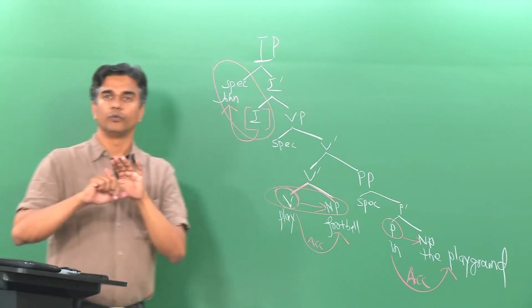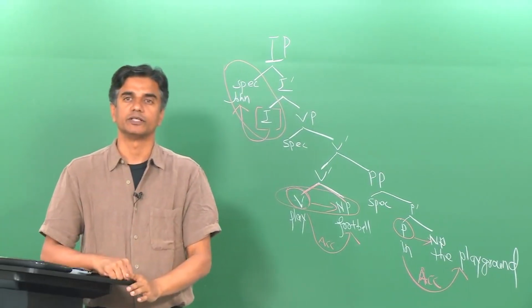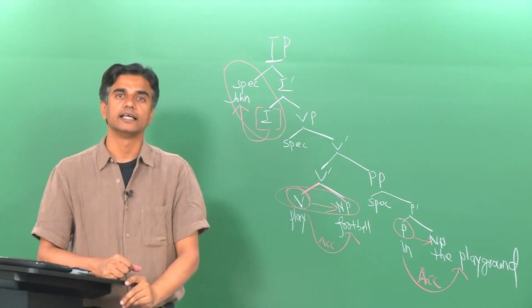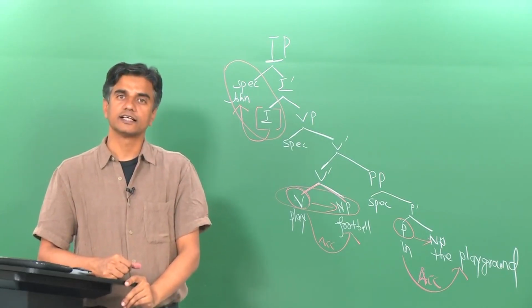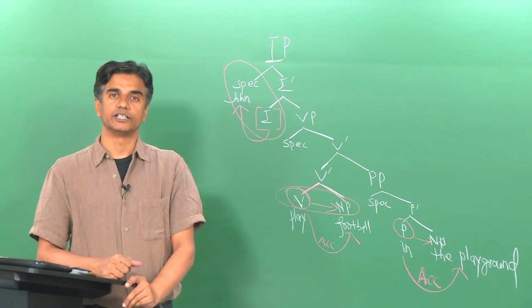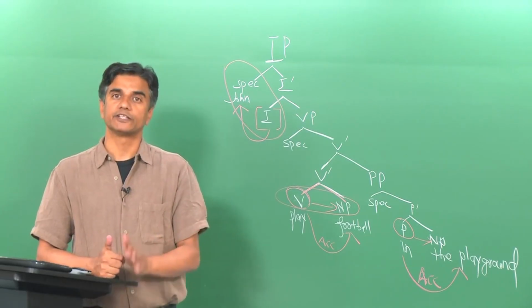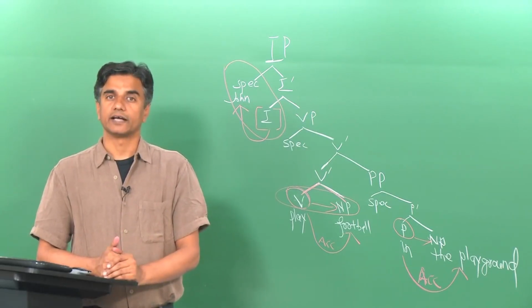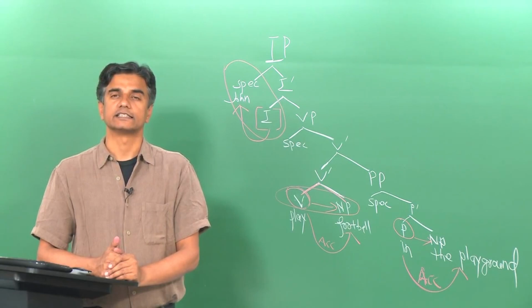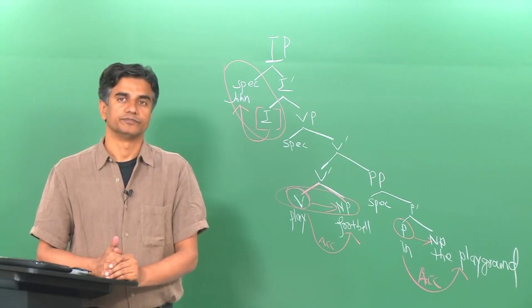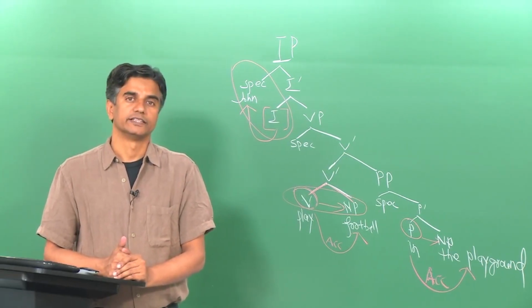This is how we capture the distinction between the assignment of nominative and accusative cases, and we also retain and can explain through this structure that every noun phrase in a sentence must be case assigned, must be case marked. Thank you.